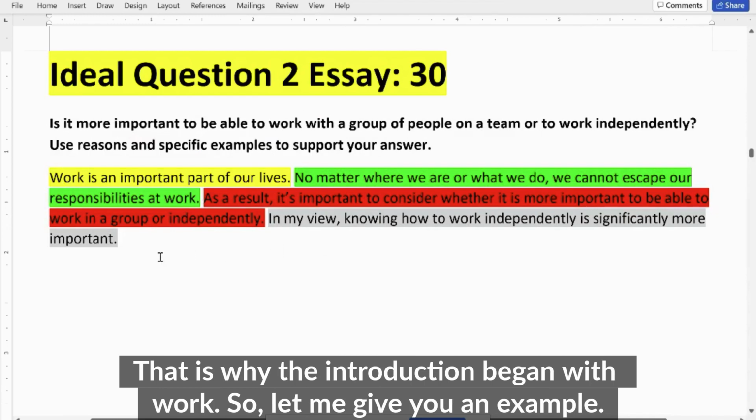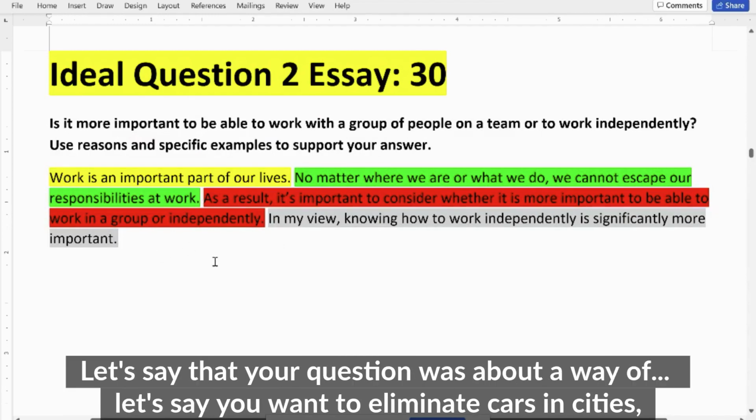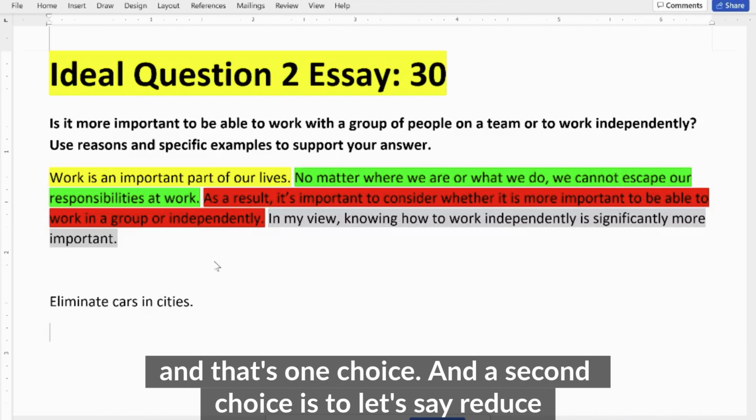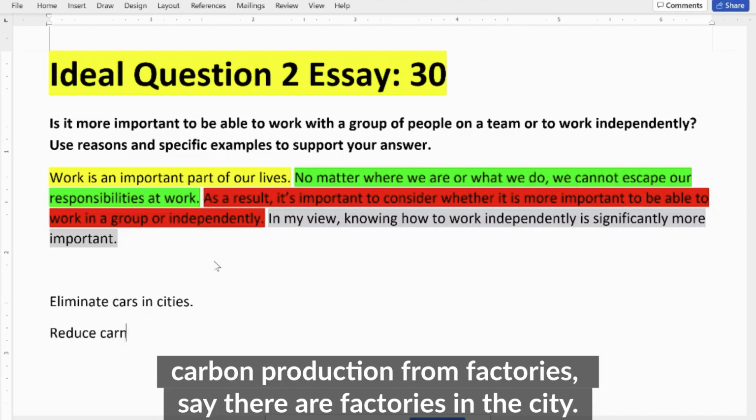So let me give you an example. Let's say that your question was about a way of, let's say you want to eliminate cars in cities, and that's one choice. And a second choice is to, let's say, reduce carbon production from factories. Let's say there are factories in the city.